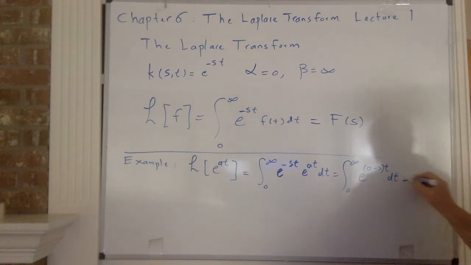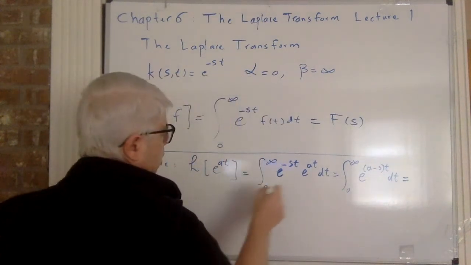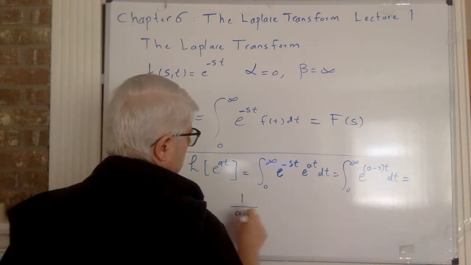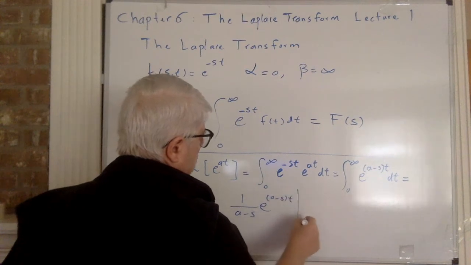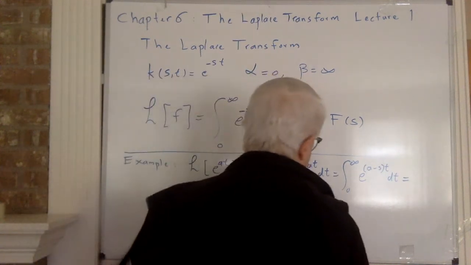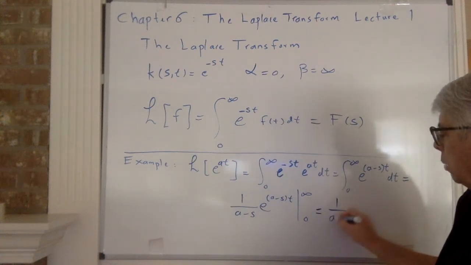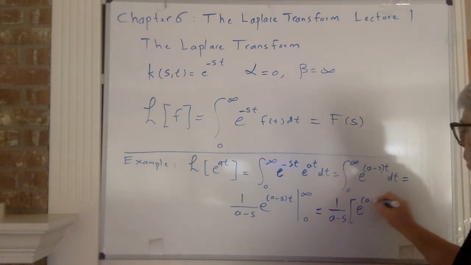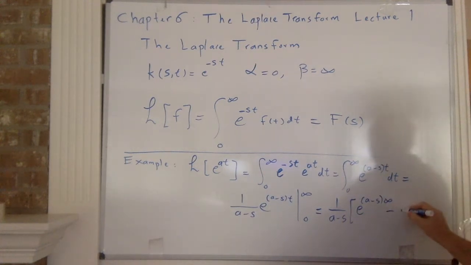Okay, so that is in fact 1 over (a minus s) times e to power (a minus s)t from 0 to infinity. So that is 1 over (a minus s) times e to power (a minus s) times infinity, minus e to power 0, right?